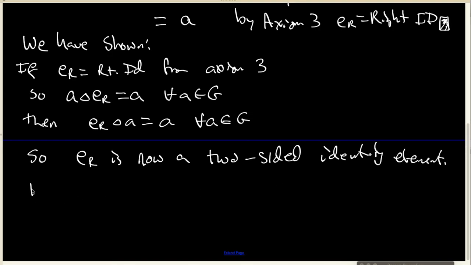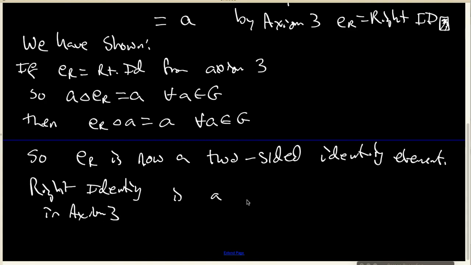In other words, the right identity in axiom 3 is a two-sided identity because it's both a right and a left-sided identity element. It acts on the right side and it acts on the left side as an identity element. That completes this video.